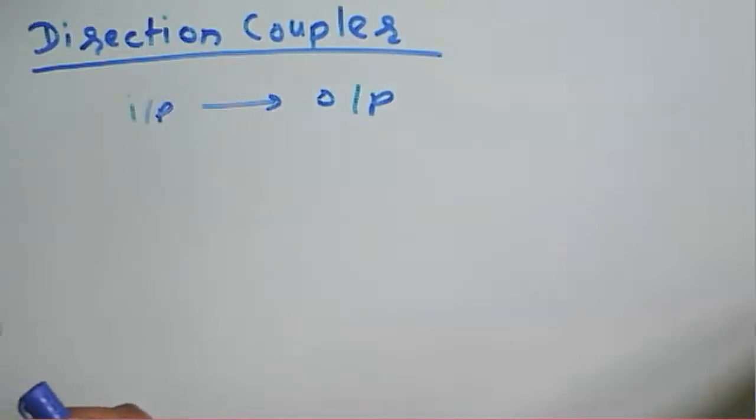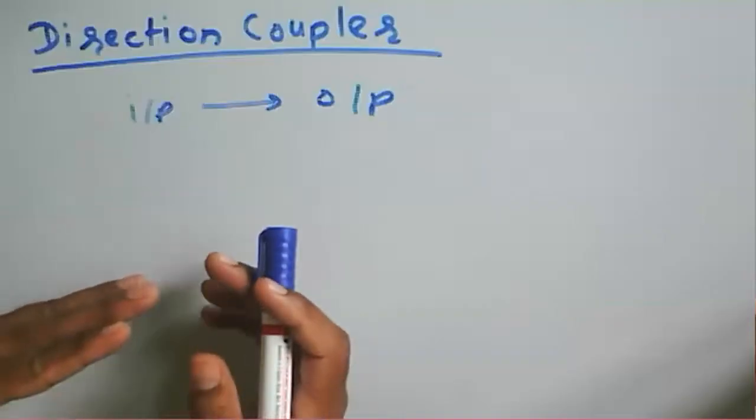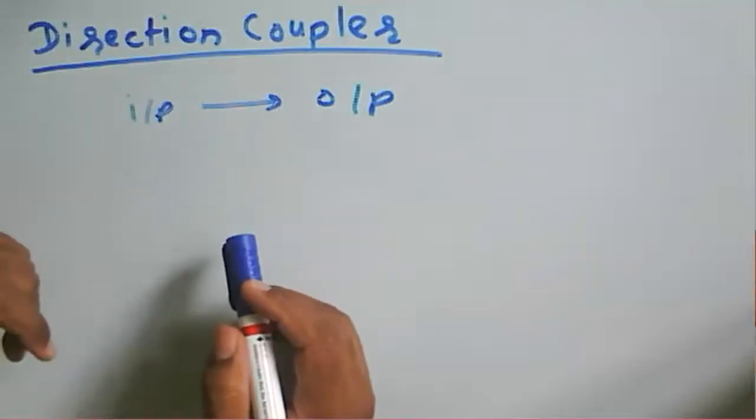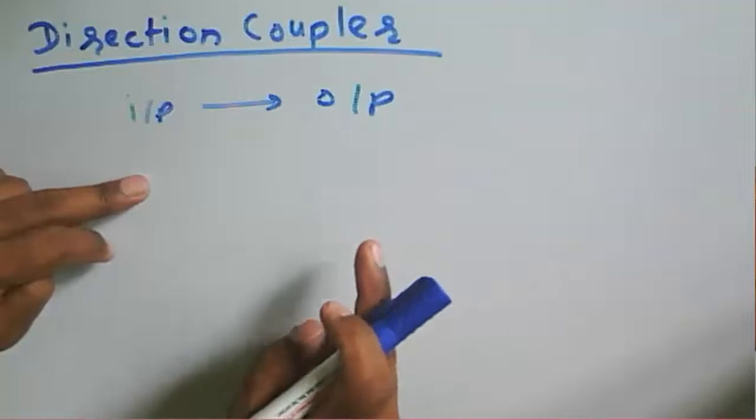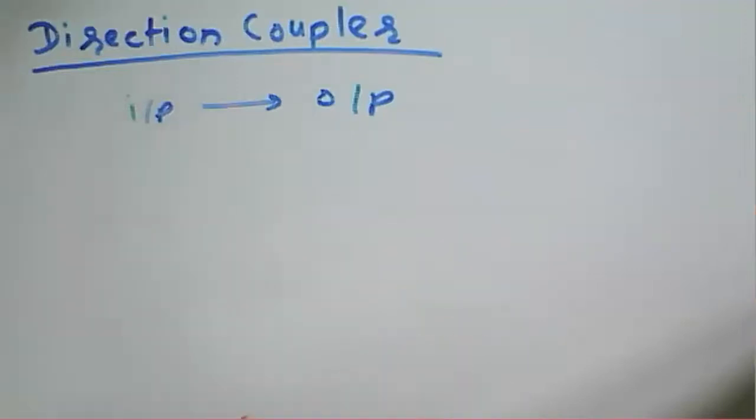When power is given to any one port, it will be available at another port, but at some of the ports there won't be any output or power.